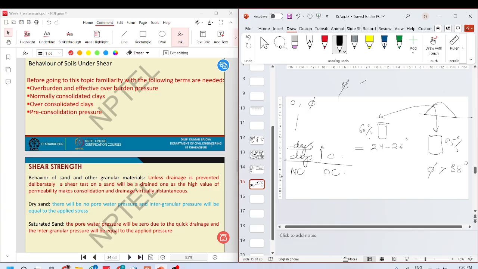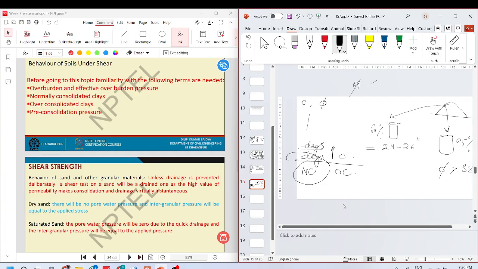So, what does normally consolidated and over consolidated mean? Keeping aside the definitions given in books, let's simply talk about it. For example, this is just an example. Let us say that I have folded some clothes and stacked them.